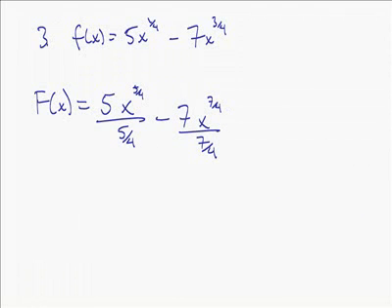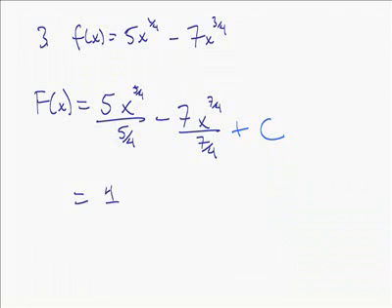Now, we don't want to leave it like that. Of course, we need to tack on that plus c. This is very important, by the way, to add that plus c. You'll lose lots of points in Calc 2 if you forget that plus c, because this is really the basis for a lot of the problems that you're going to be doing in Calc 2, finding antiderivatives. So always remember to add that constant. But anyway, we want to simplify this, so we're going to multiply by the reciprocal since we're dividing by a fraction.